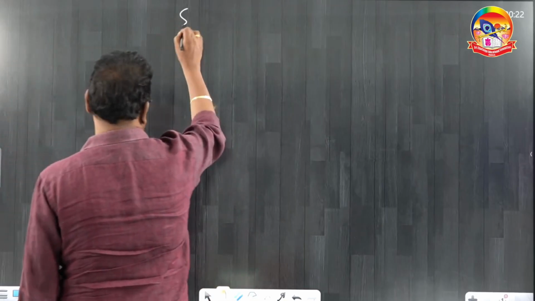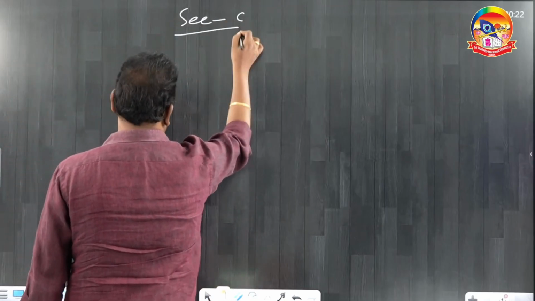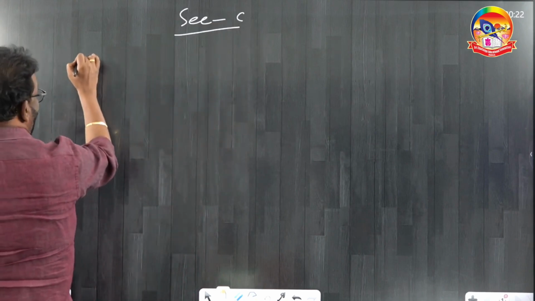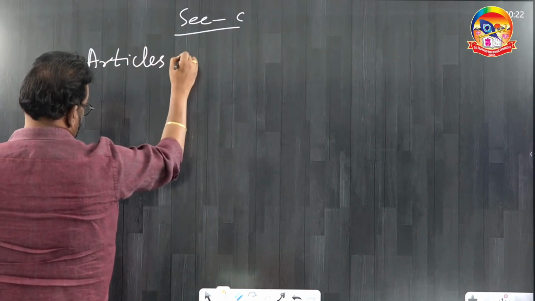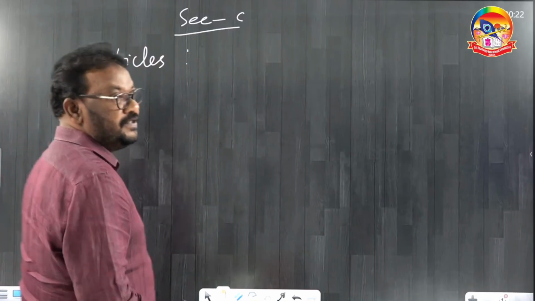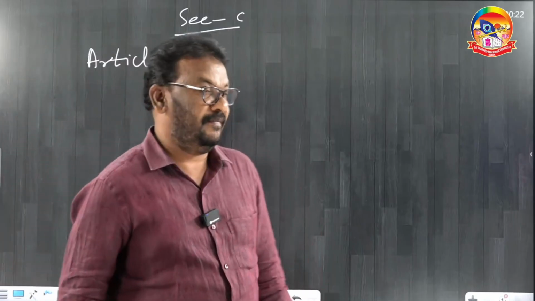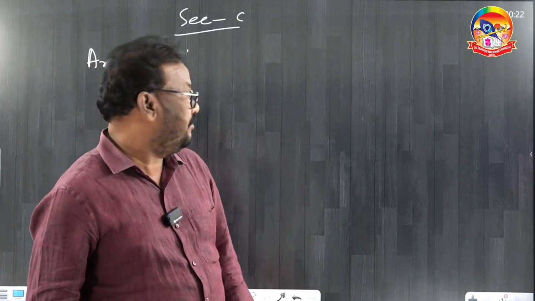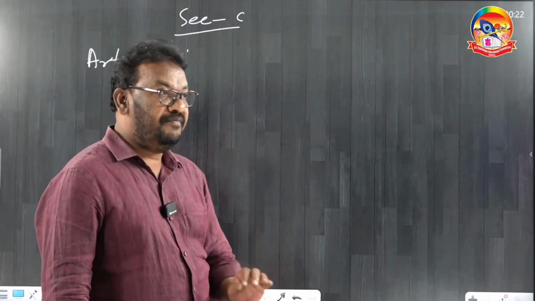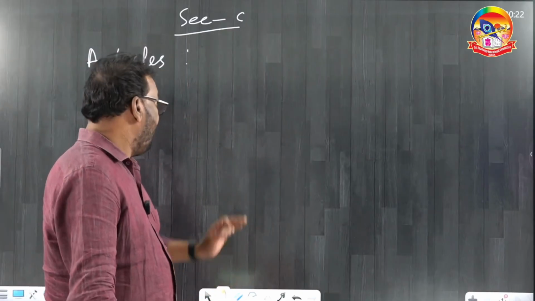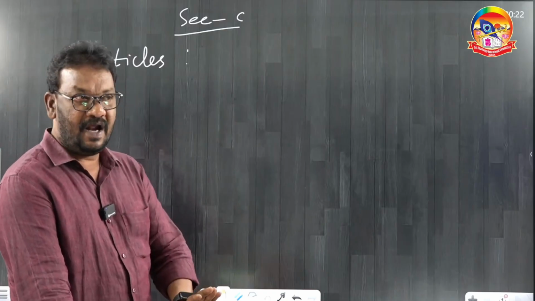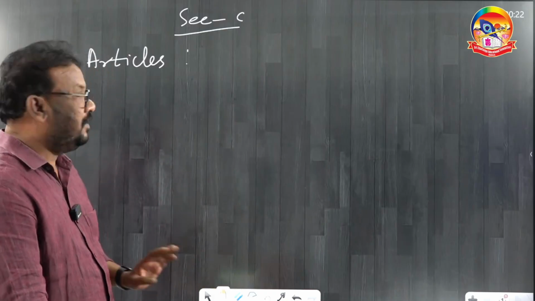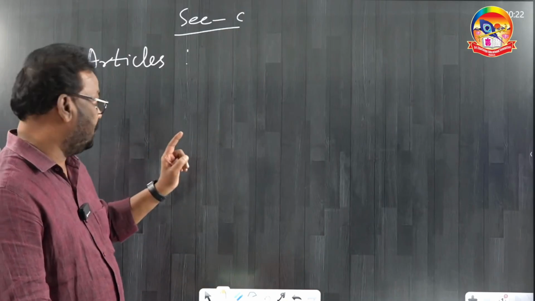Section C begins with articles. 6 sentences with 6 blanks are given. Each blank carries half mark. Mostly everything will be given only from your textbook, and the paper setter will not go beyond your textbook.